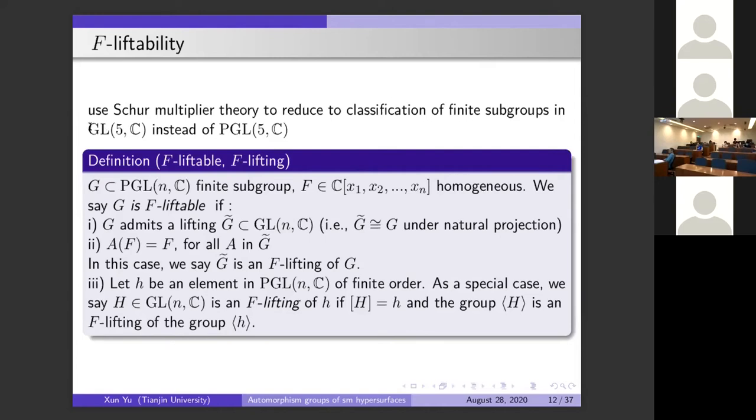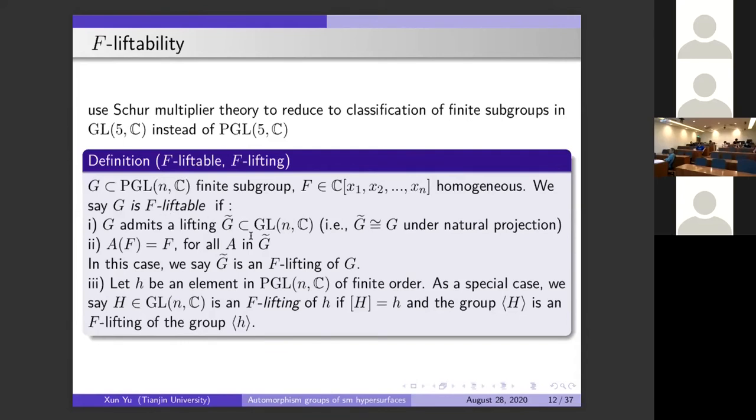So we want to use the linear representation theory of finite groups, look at the character tables and so on. To do that, we introduce the so-called F-lifting.